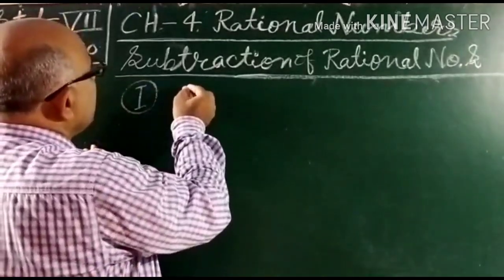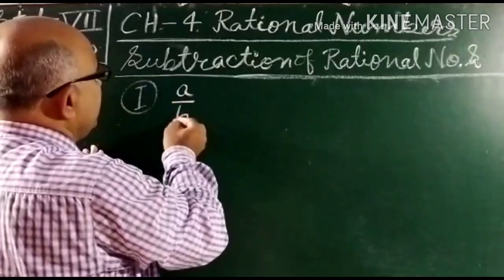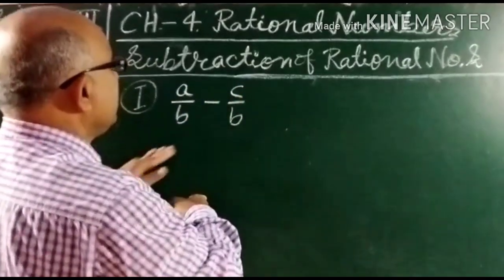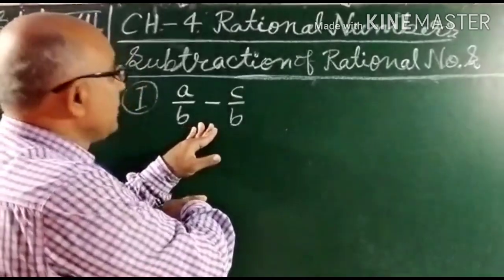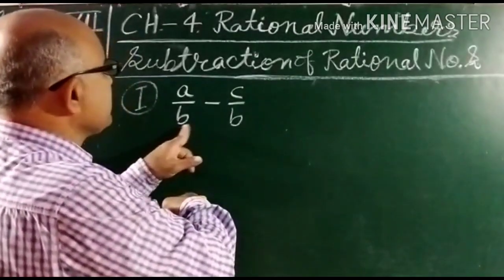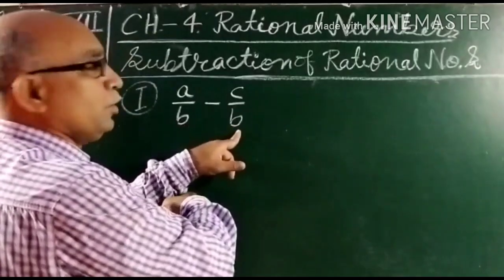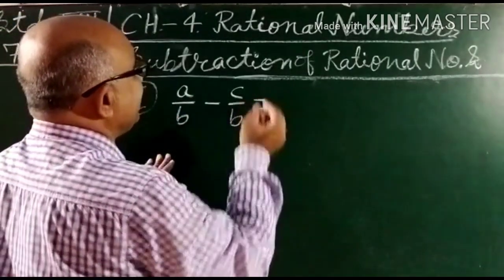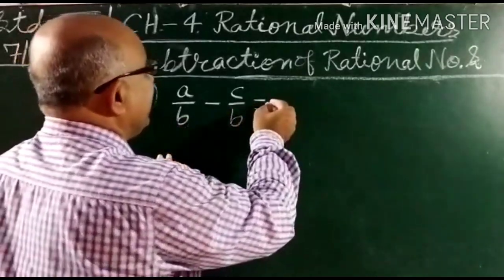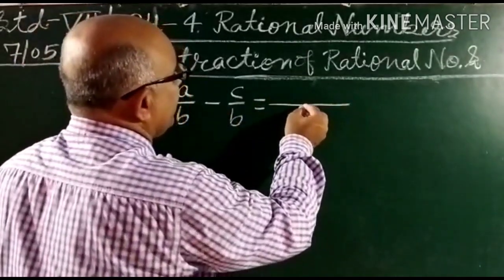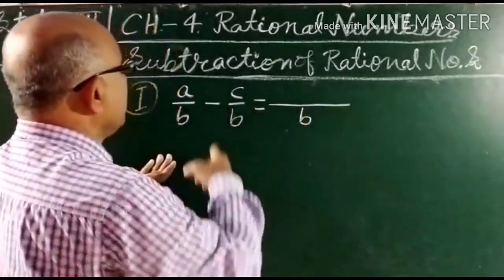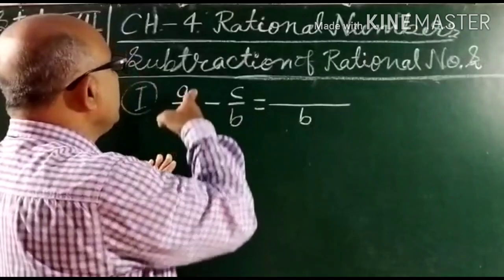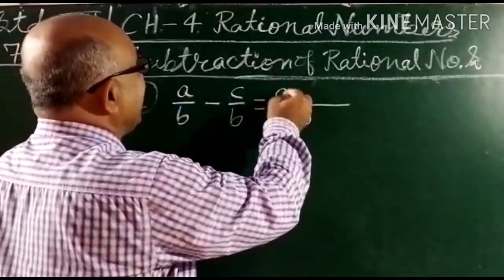One is if a/b and c/b are two rational numbers with the same denominator b. To subtract, the LCM is the denominator b. b divided by b, quotient 1, a into 1 is a.